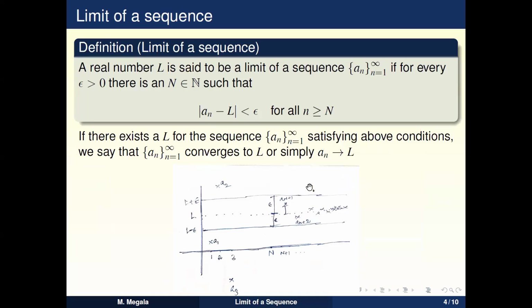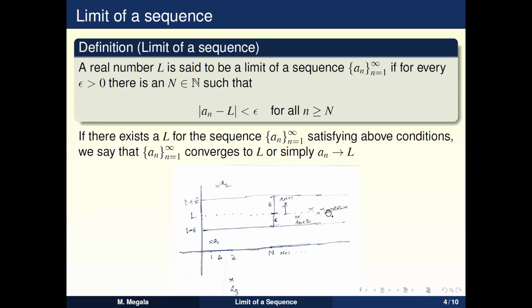Xn converges to L means that after some N, all terms are inside the neighborhood of L. I am taking a subsequence, not all these elements, only a few of them from inside that neighborhood.